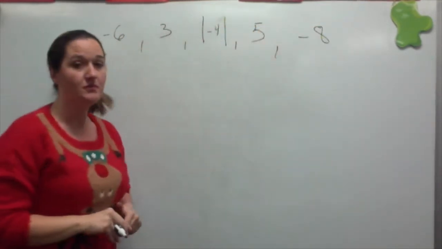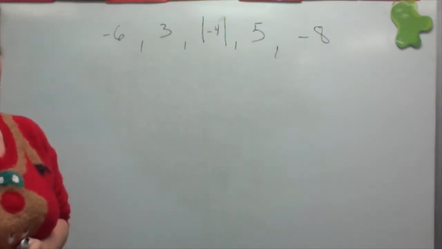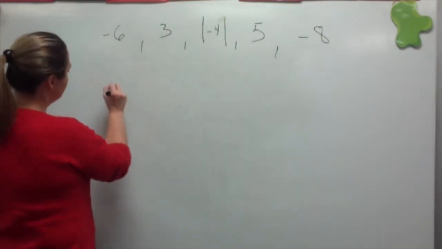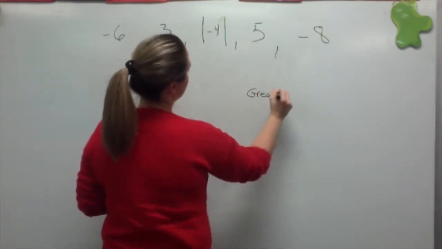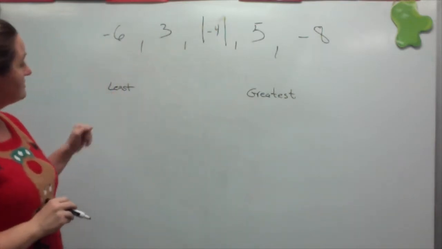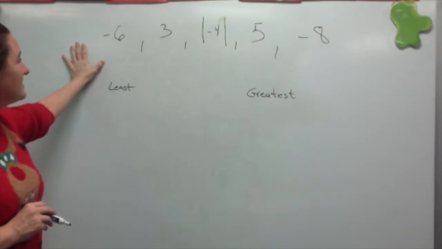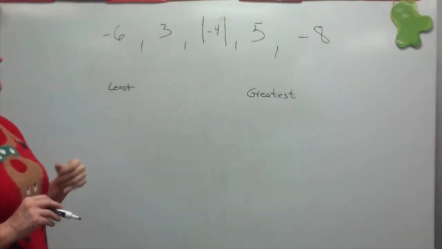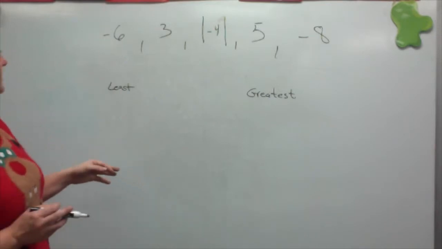I've written up some numbers here, and we're going to go ahead and order them from least to greatest. Least: what is the smallest number? Let's look at every number. Especially with negatives, the smallest number is the one furthest away from 0 in the negatives. Which number has the furthest absolute value away from 0? That's a negative number.